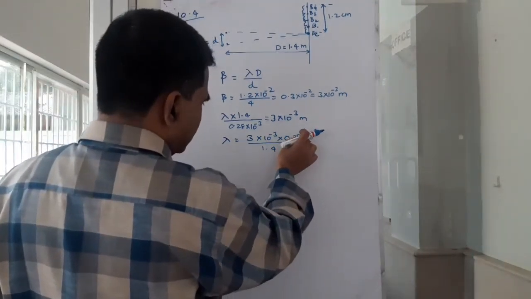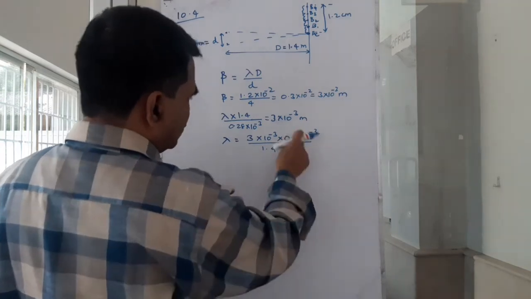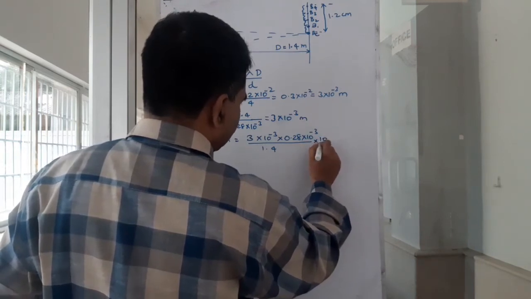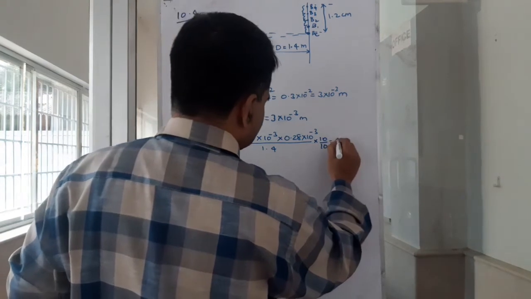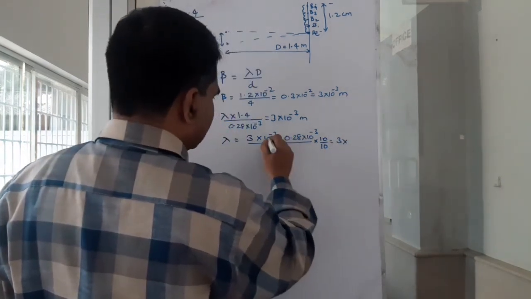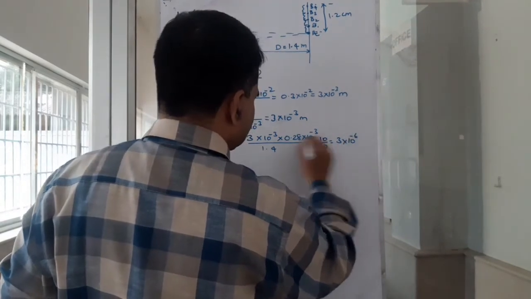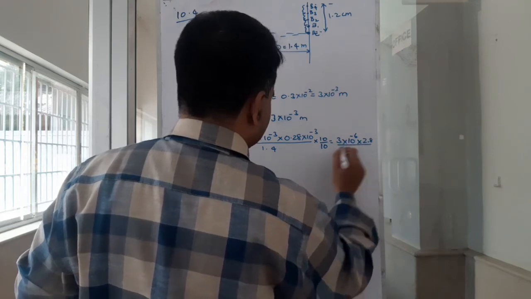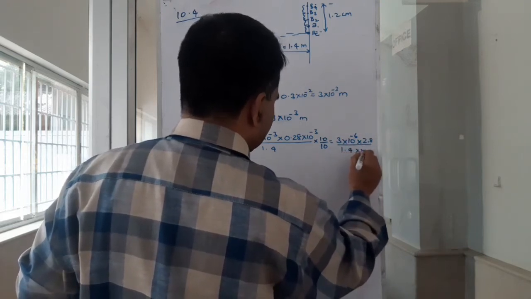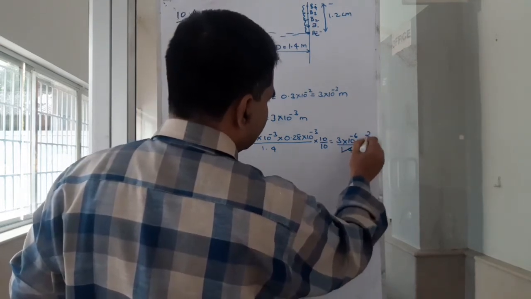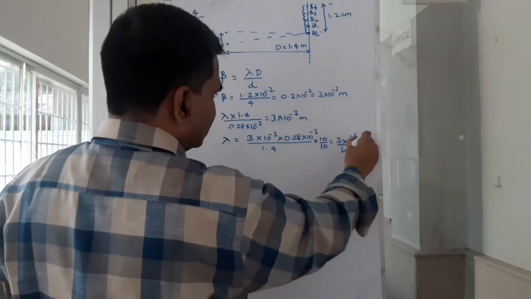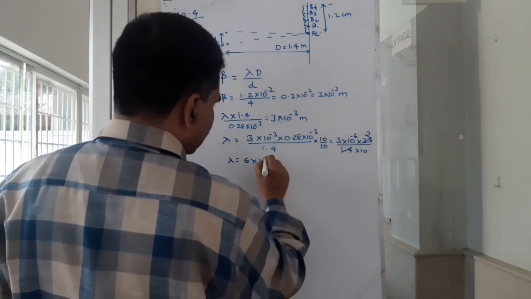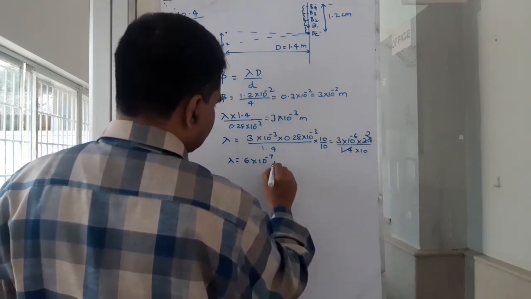I can multiply this by 10 and divide that by 10, so I don't change anything. So I'll get 2.8. I'll plug these together: 10 to the power minus 6 times 2.8 divided by 1.4 times 10. So this would be 2, then 10 to the power minus 1 will come there. So lambda is equal to 6 times 10 to the power minus 7 meters.